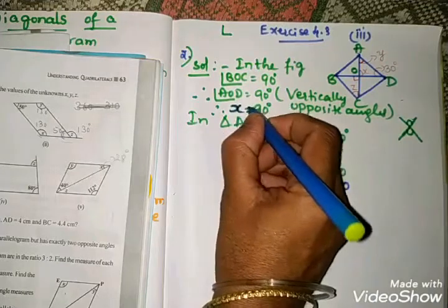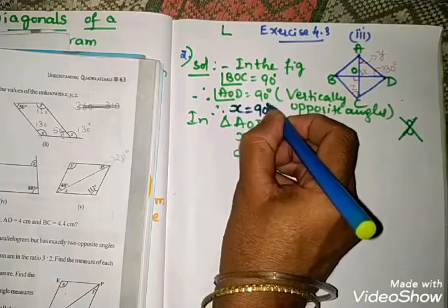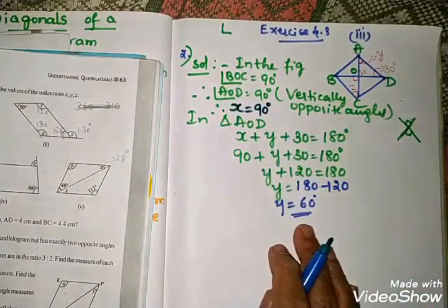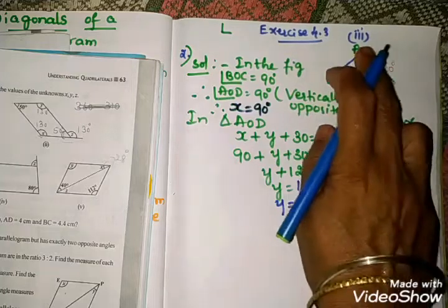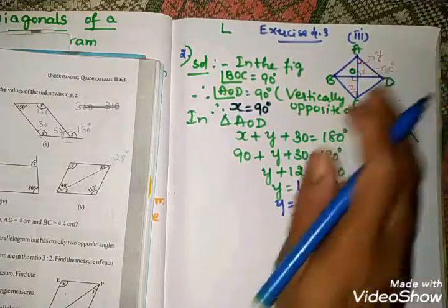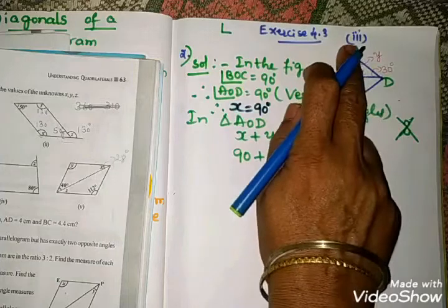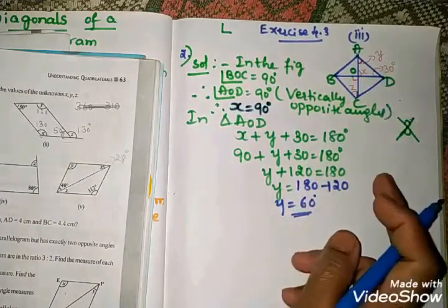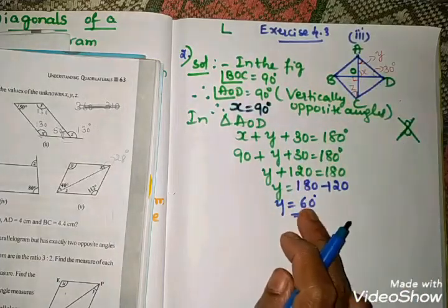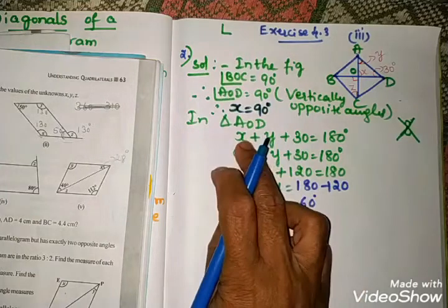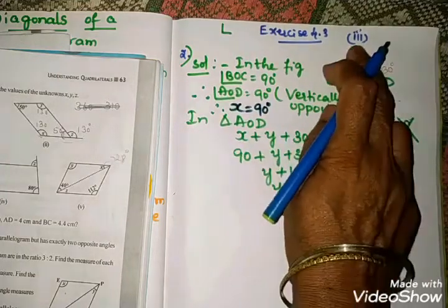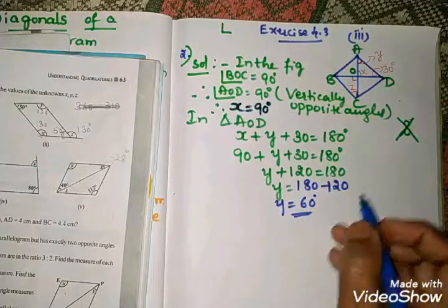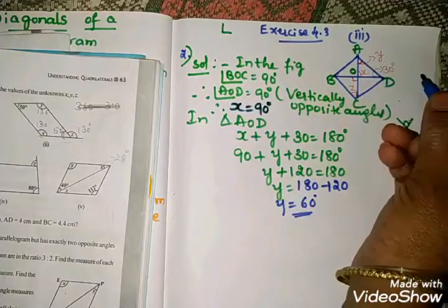X became 90 degree because of vertically opposite angles. In the triangle we used the angle sum property, x plus y plus 30. So we got y is equal to 60 degree, children.